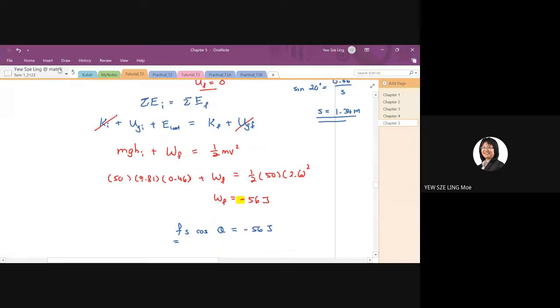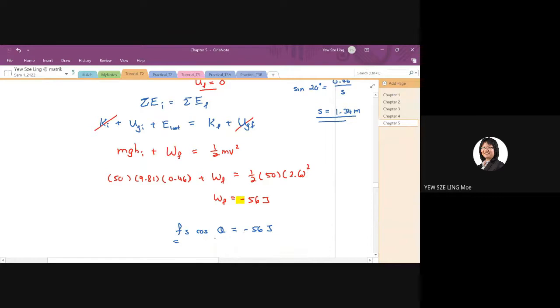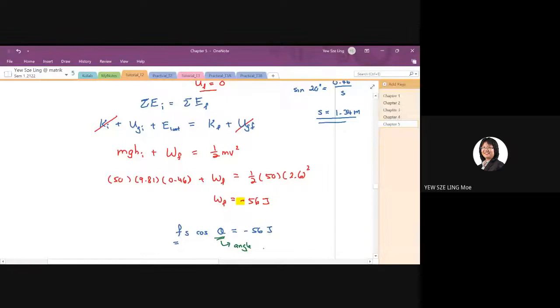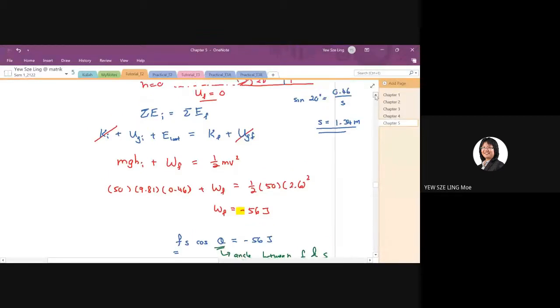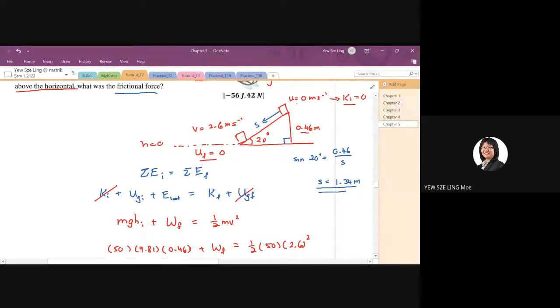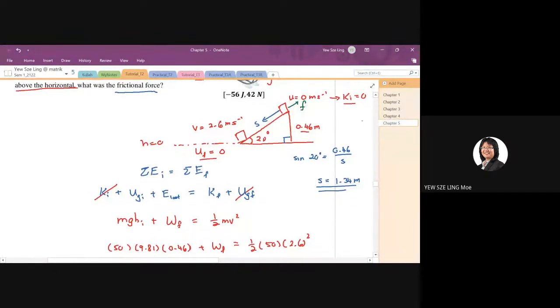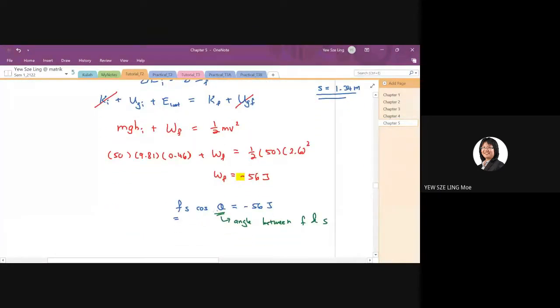So now that we have S, how about the theta? Remember, when it comes to work done, the angle in the equation is the angle between the frictional force and displacement. Since our object is sliding down the hill, the frictional force will be going in the opposite direction. So S and F are pointing in opposite directions, which means the angle in this equation is 180 degree.